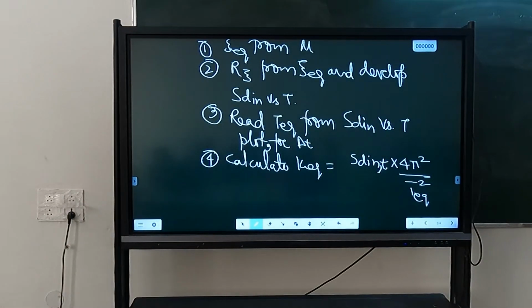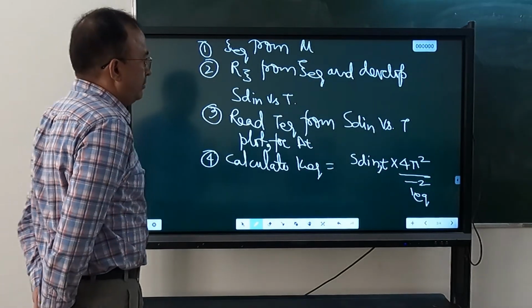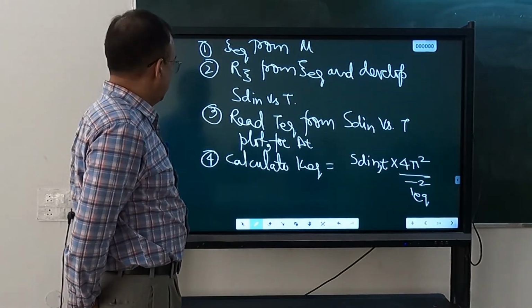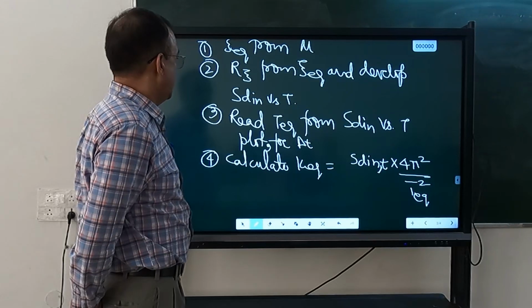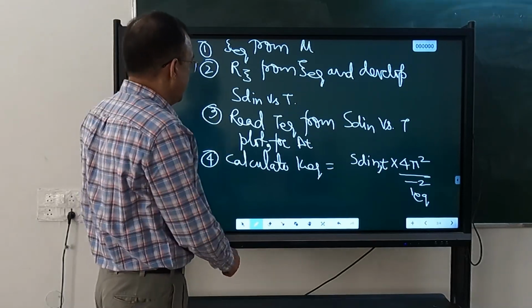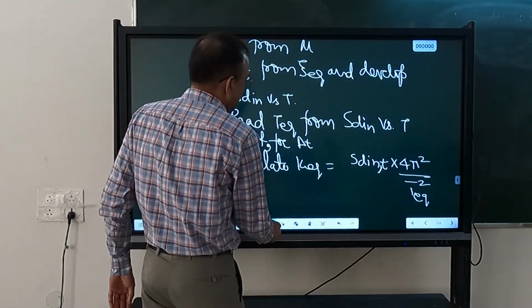T equivalent is equivalent to secant. M omega square. So now SD, I'm sorry.